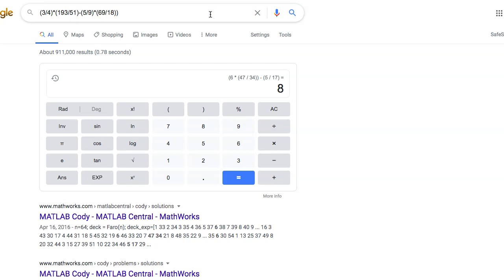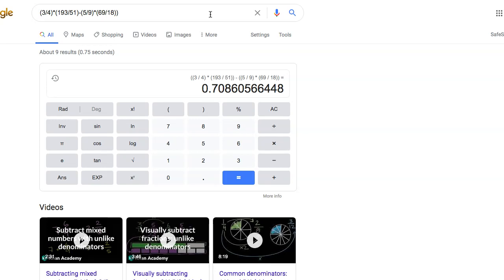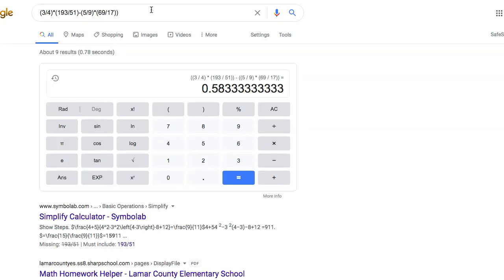Now, what answer should I expect? 0.708605 6648. Okay, that's decimal mode. Now, wait, 69 over, not 18, 69 over 17. Sorry. Yes! Okay. 0.5. I think that's it. Let me see. I don't want to get too excited, but I think that's it.